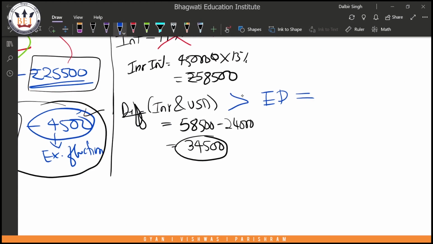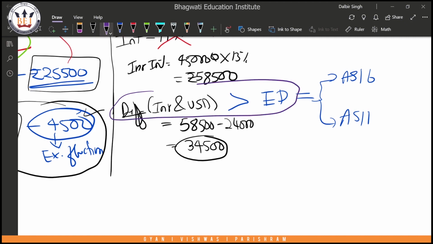In this situation, the question is, how much do I consider to the extent of AS 16 and how much do I consider under AS 11? In a situation where the difference between the INR and USD is more than the exchange difference, the amount that I will consider as AS 16 is the whole exchange difference, which is rupees 30,000.